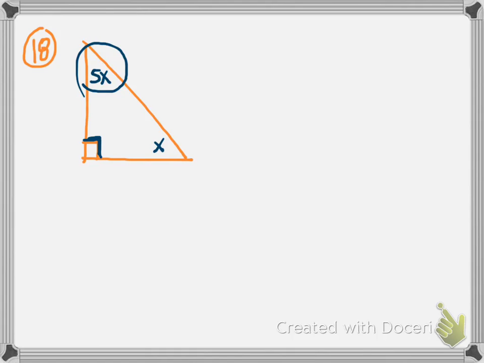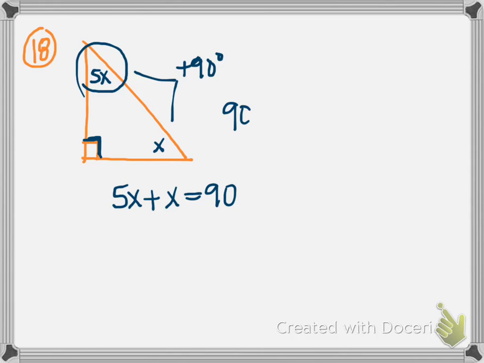You should know that in a right triangle, the two acute angles add up to 90 degrees. So instead of adding all three up to 180, you could just say 5x plus x equals 90. You're going to get the same answer as if you said 90 plus 5x plus x equals 180.